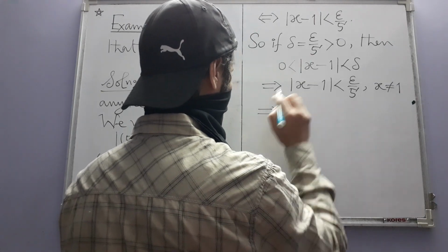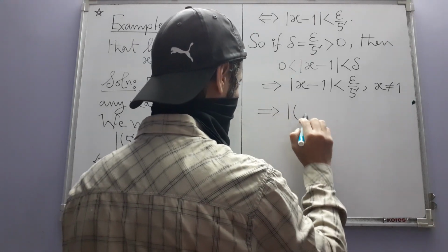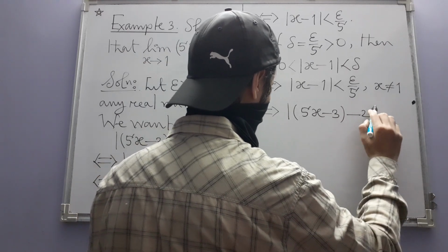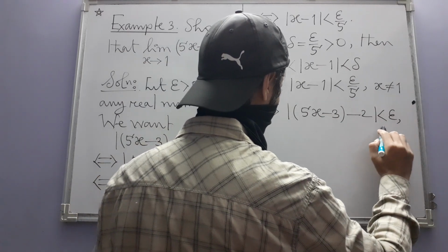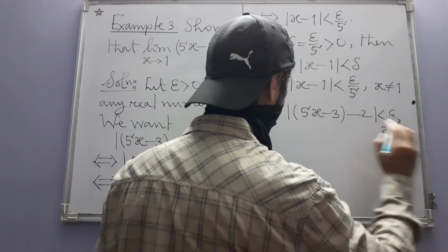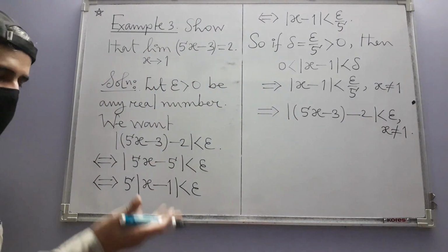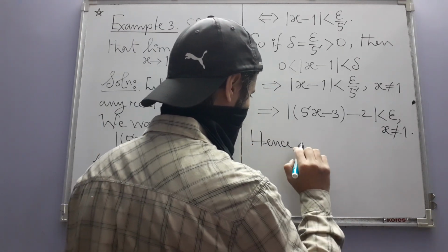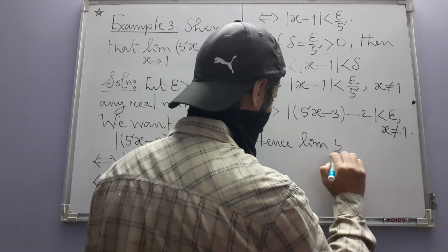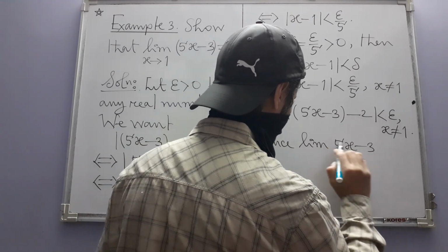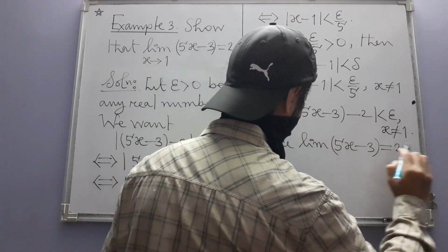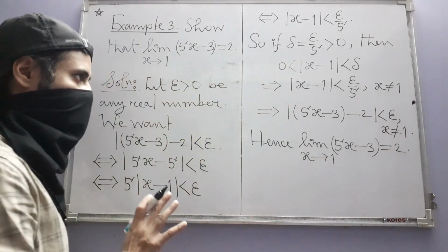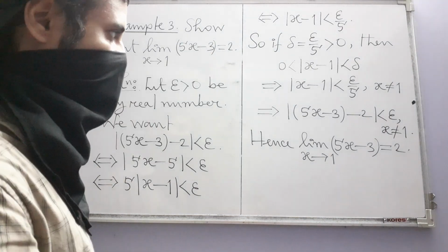And in place of this, we can now write, okay, but that's what we wanted. Hence, as x tends to 1, this we have proved, rigorously proved.